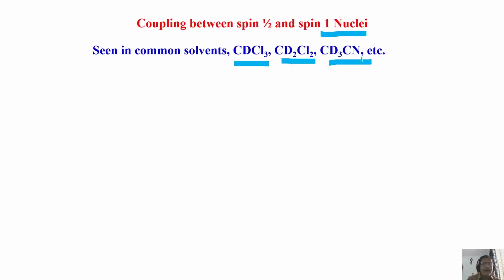But have we ever taken the spectrum of the pure solvents? Please try to take the spectrum of pure solvents. Then you will see residual proton peaks. If you take pure CDCl3 solvent, it will not be 100% pure. There will be some percentage of CHCl3 also. It will give you a peak at 7.2.